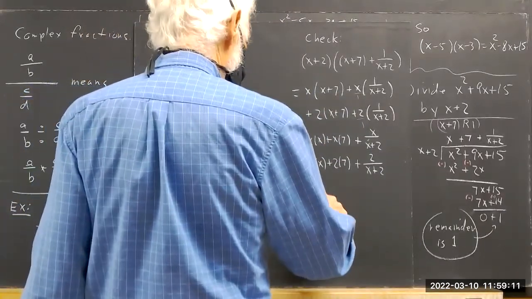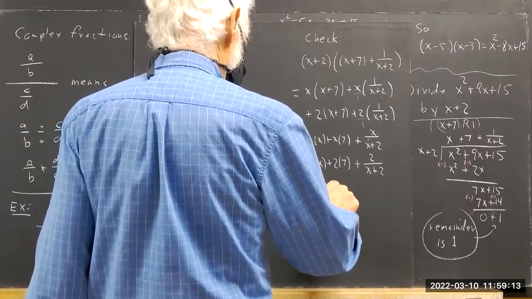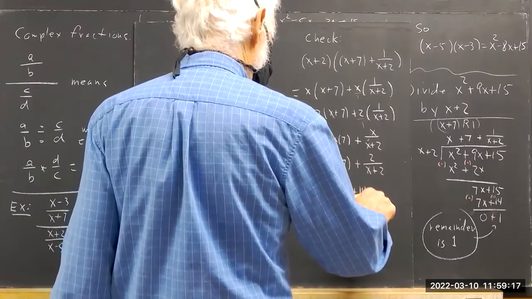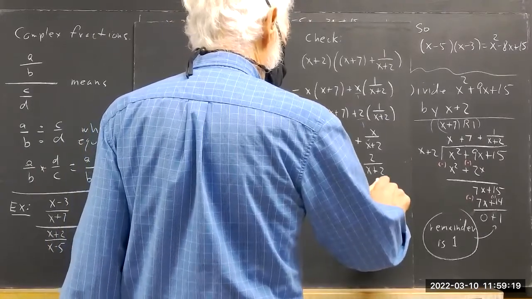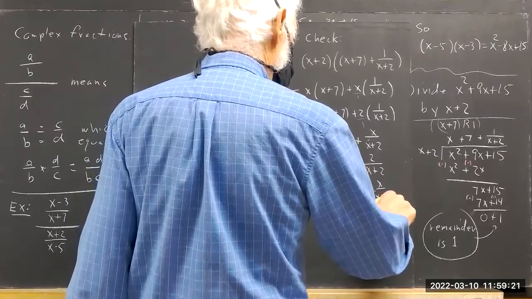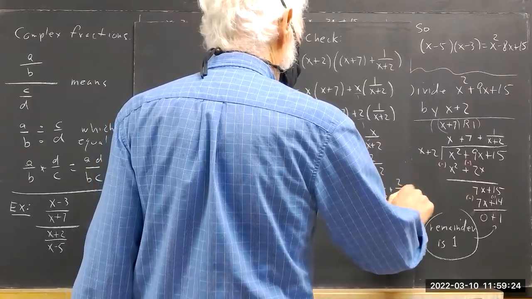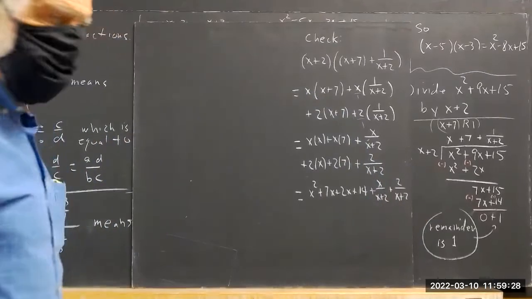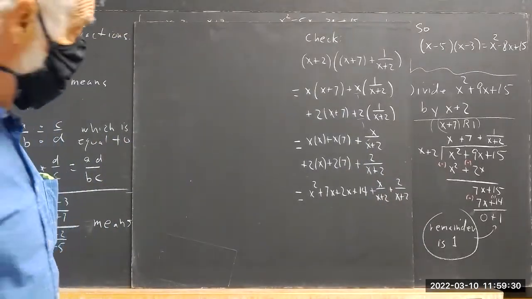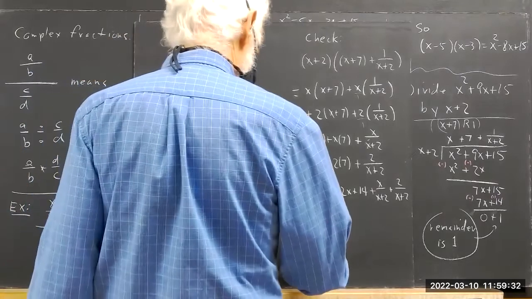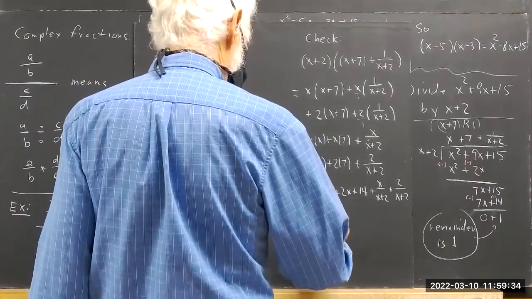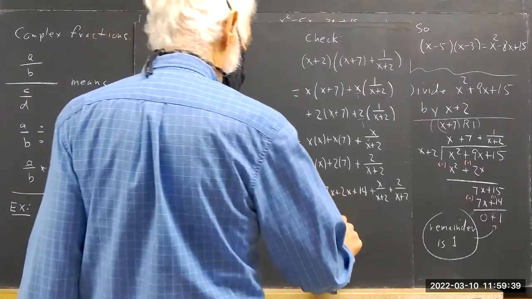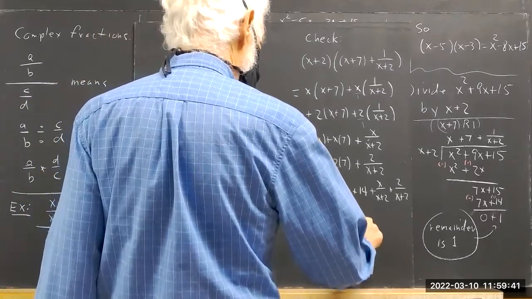Now this equals x squared plus 7x plus 2x plus 14 plus x over x plus 2 plus 2 over x plus 2. And then very clearly, we get our x squared, and our 7x and 2x add up to 9x.